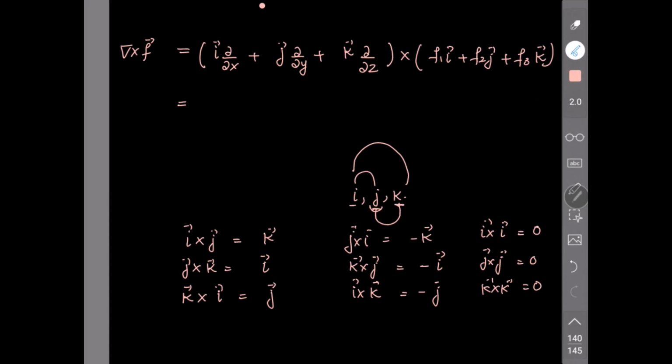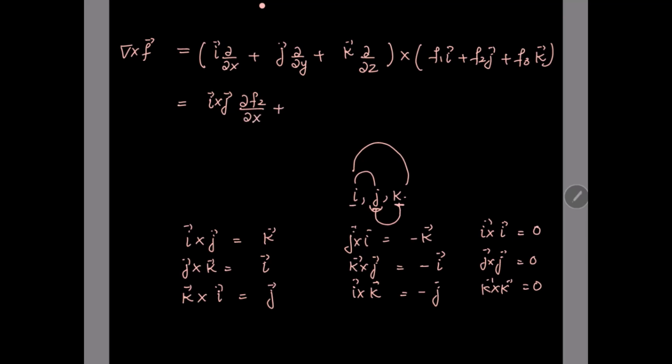So now here let's see. This is i cross i, so first will be 0. I have to take the cross product with the second term, so I will get over here i cross j, and then ∂f2/∂x. Clear?